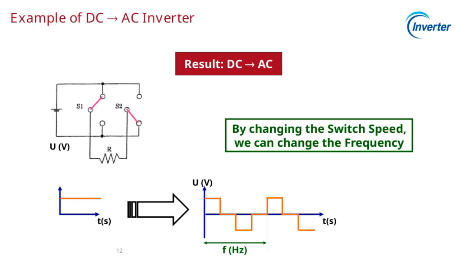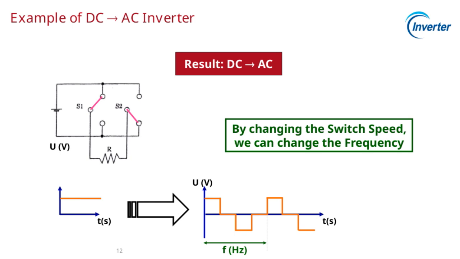Let's take a closer look at this example of a DC to AC inverter. On the left, you see the frequency, labeled as F in Hz, and on the right, the voltage, U in volts. The key idea here is that by changing the switch speed, which essentially controls how quickly the inverter switches on and off, we can alter the frequency of the output AC signal.